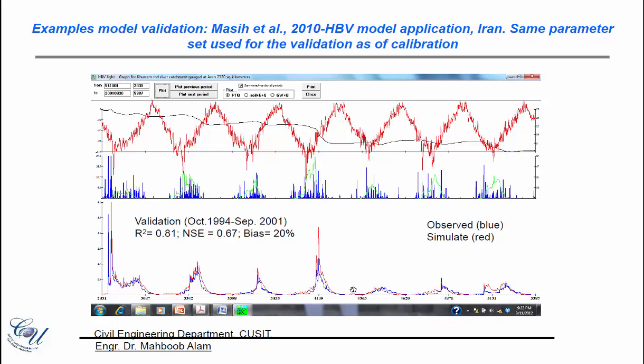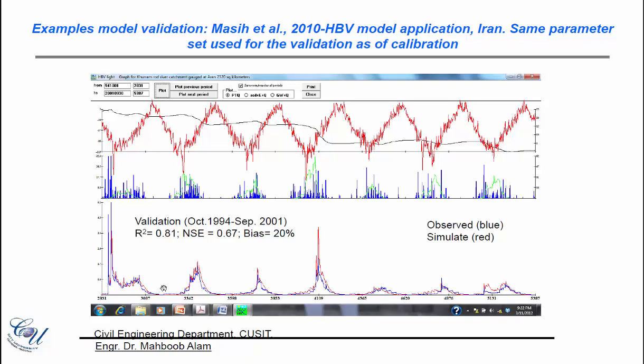But anyway, calibration was the process of modeling where you put data into the model, you start processing your model by changing parameters, and you reach a conclusion that now your model is working fine. Validation is that process when, now that you have found your parameter values, you have fixed your parameters in the calibration, and without changing the parameters, you are just changing the data and looking at the results.